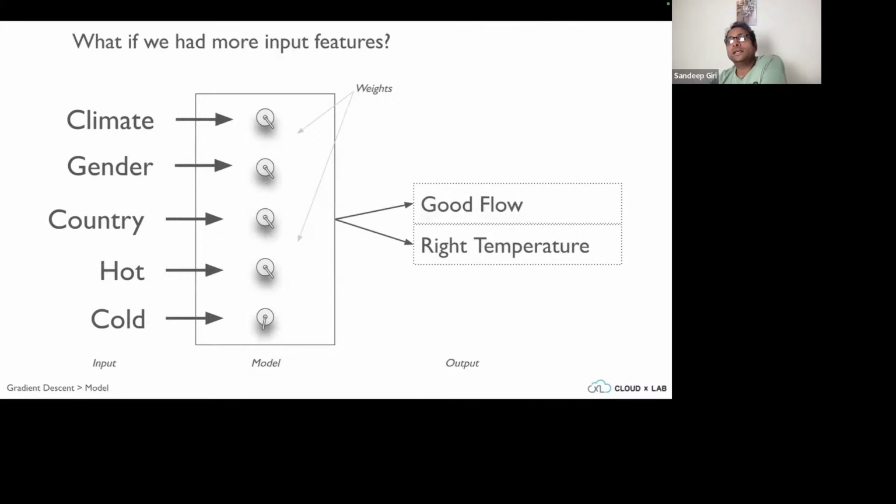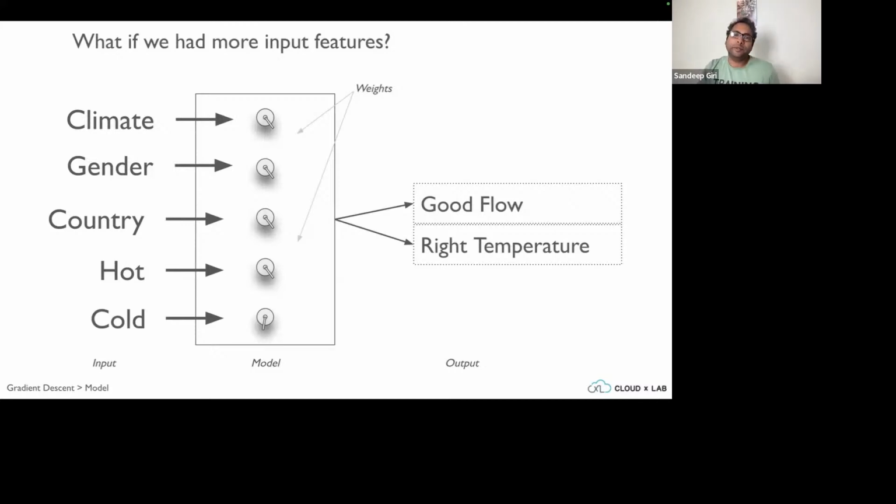You can convert this whole problem into an information system: given the temperature of hot water, cold water, country, gender, and climate, figure out those weights for which you get good flow and right temperature. So you can come up with more and more knobs and control it.